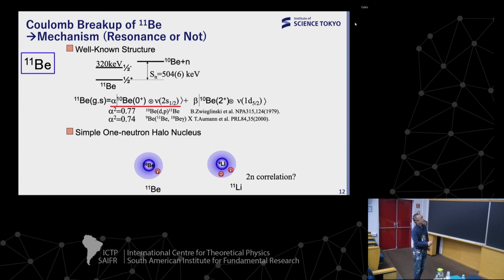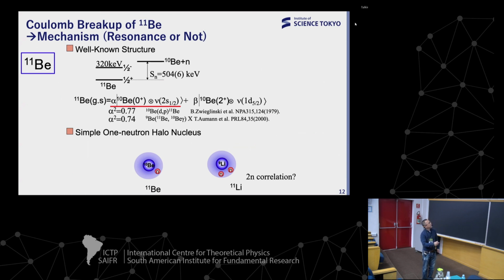Already in 1979 or so, these people measured the (d,p) reaction on beryllium-10. Beryllium-10 itself is actually an unstable nucleus, but very long-lived. So at that time in the 1970s, they had this kind of target. Now it's probably very difficult to get this. I'm not so sure how to get this unstable nucleus as a target, even though it has a very long lifetime.